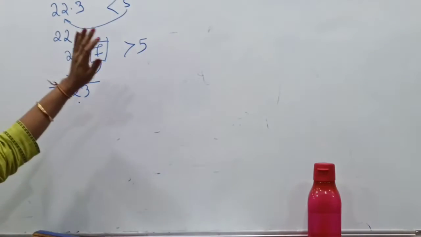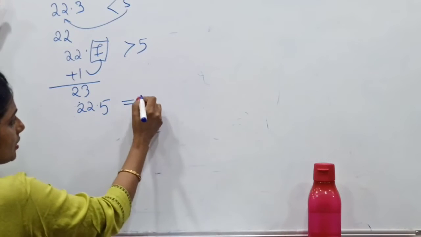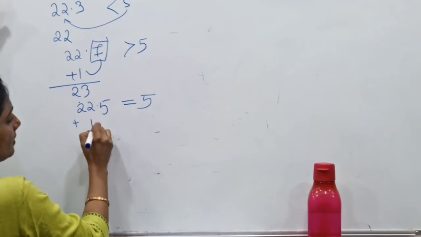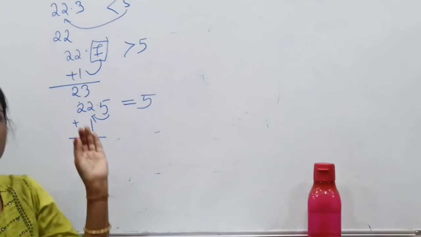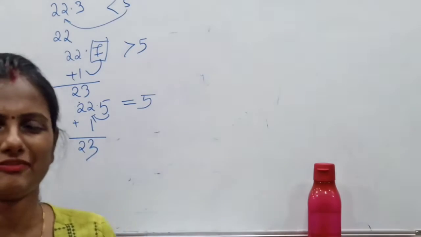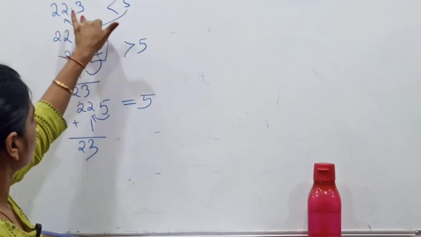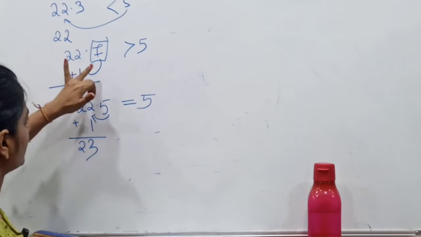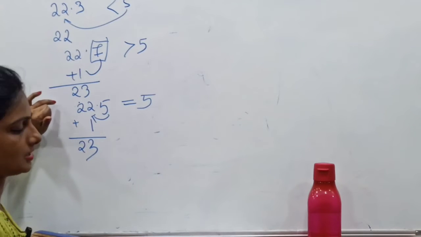We have to always remember, if there is 22.5, then also it is equal to 5, so we will add 1 here, that is 23. This is the basic rule of approximation. We know it, I have just given a recap. If it is less than 5, we will write the smaller one. If it is 5 or greater, then we add 1 to the ones place.